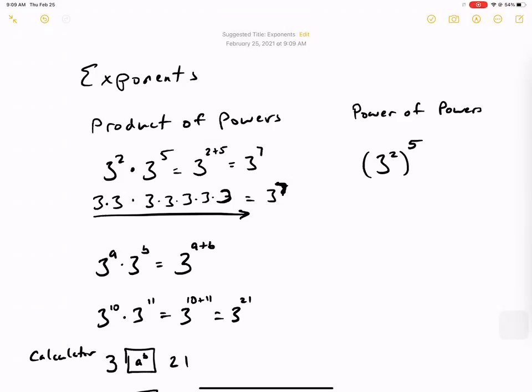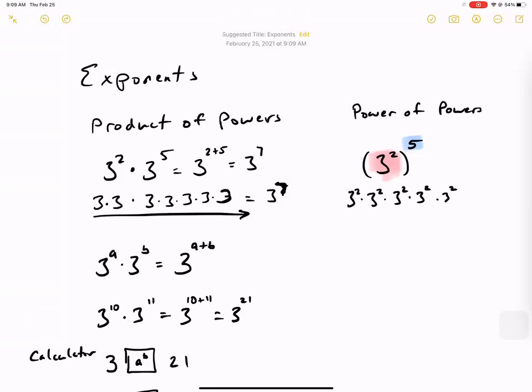Well, this exponent is taking this whole 3 squared and writing it 5 times. So let's do that for our example: 3 squared times 3 squared times 3 squared times 3 squared times 3 squared. I wrote it 1, 2, 3, 4, 5 times.